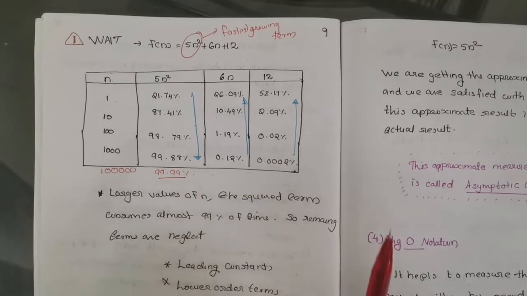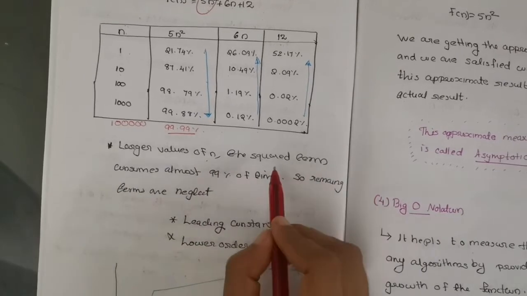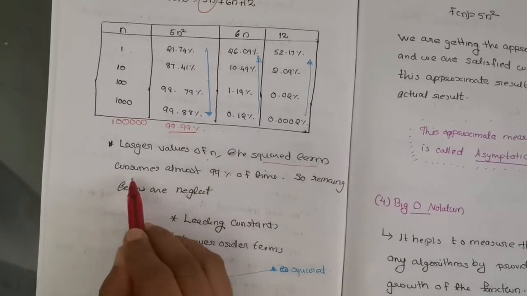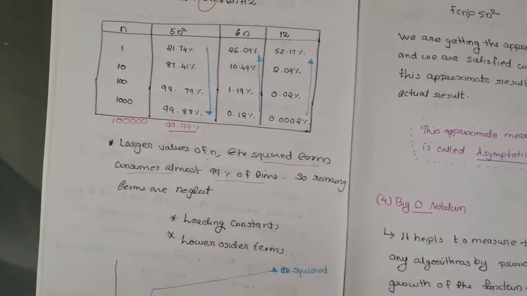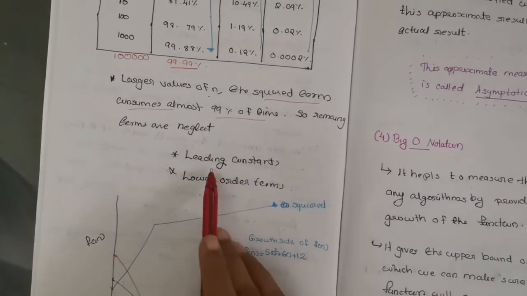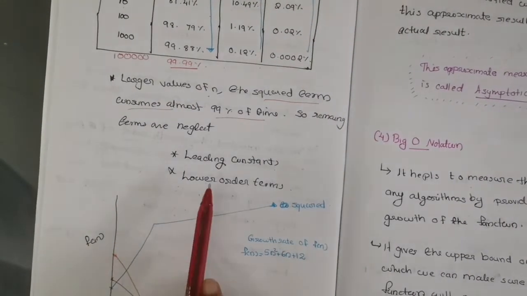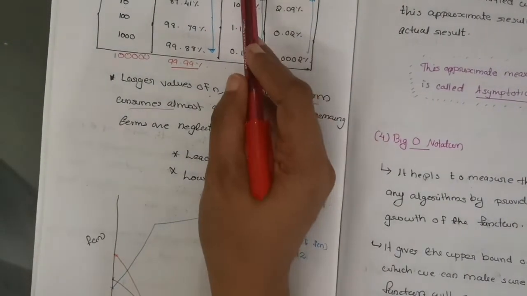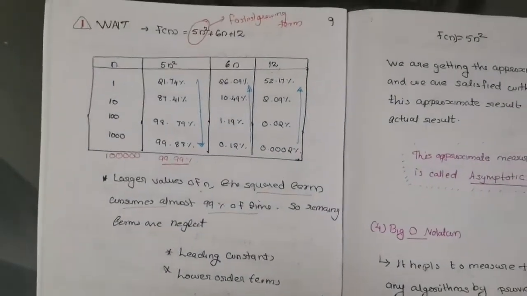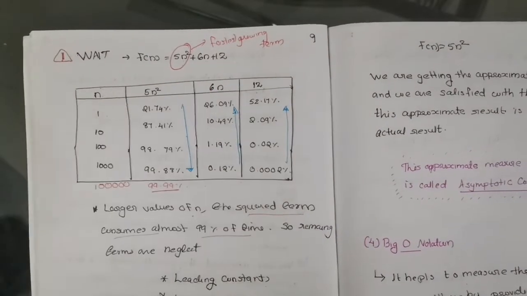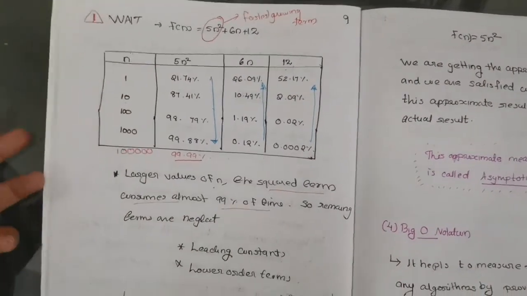So we can avoid them. For larger values of n, the square term consumes almost 99% of the time. So we can neglect terms. The leading constants, that means 12 and 6, we can delete, and the lower order term n. Here you can see that n is also lower order, and the other is a constant. These terms we can neglect.